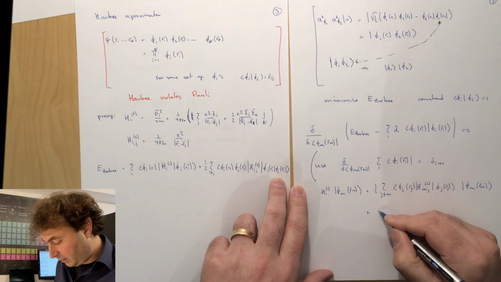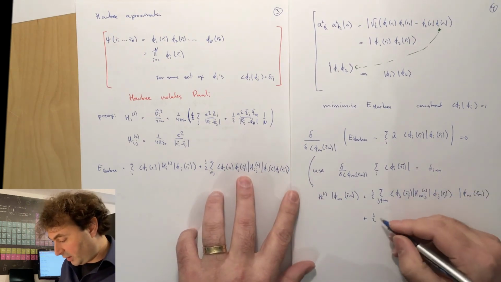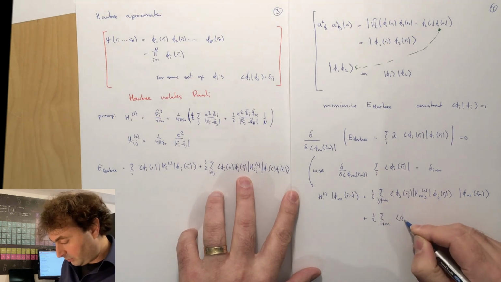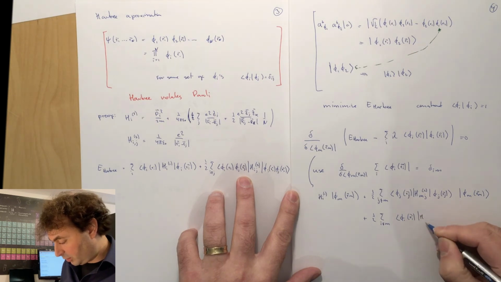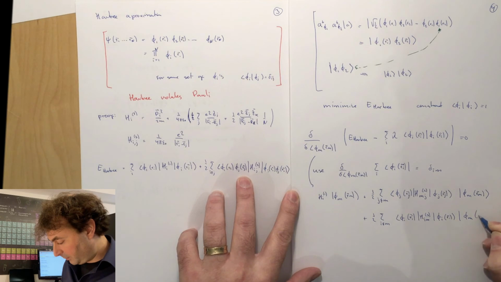And we can do the same, but now take the derivative of psi j, so then we have i not equal to m, psi i Ri, h i m 2, psi i Ri, psi m Rm.